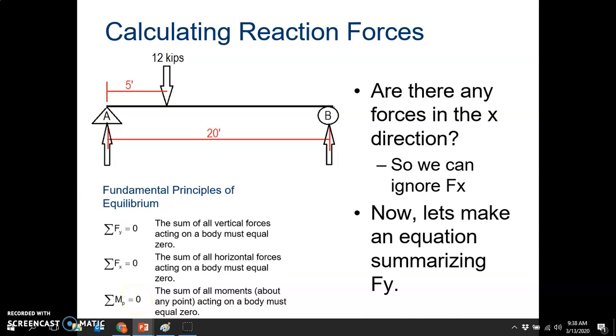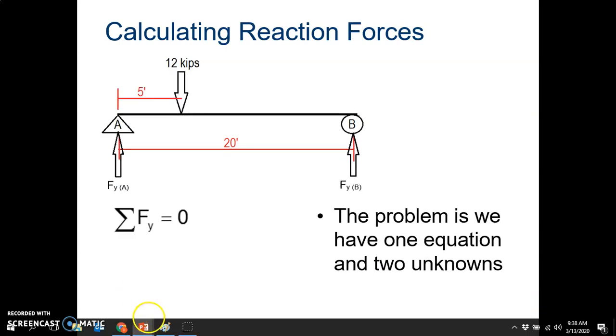So let's make an equation summarizing the forces in the y direction. We'll call this F of y of A. I don't really care what you call it. It's just a variable. We know that there's a force going down, and we know that there are 2 reactionary forces. So we have one equation, but 2 unknowns. That should trigger your algebra brain, which is saying, nope, can't do that. So let's write it out.